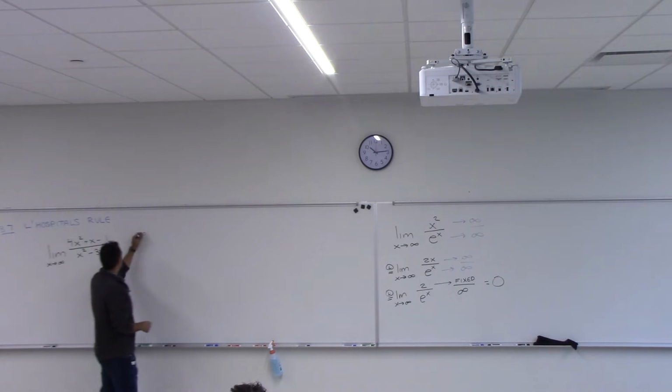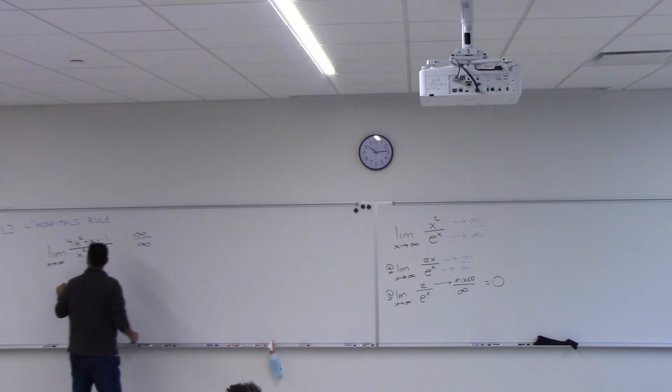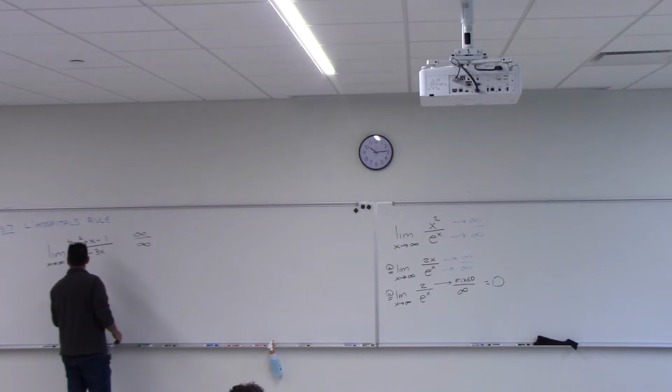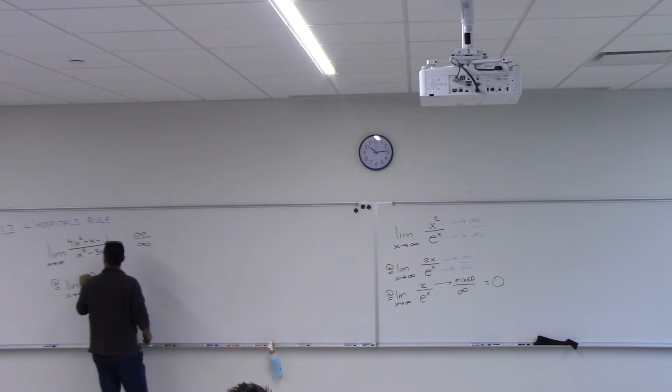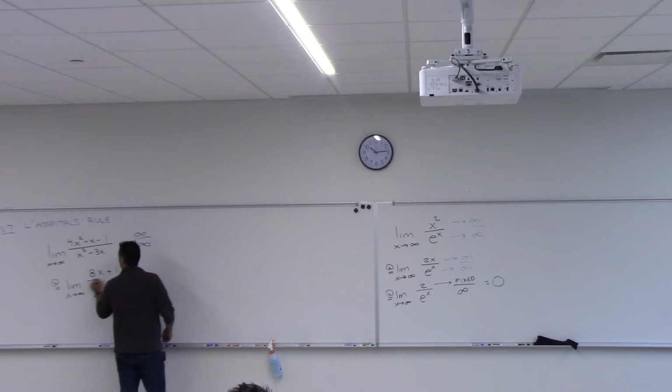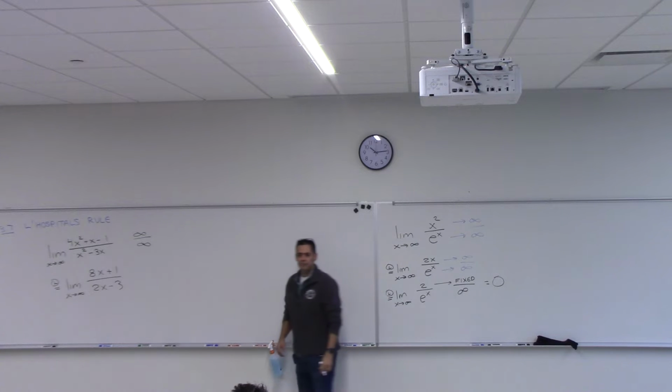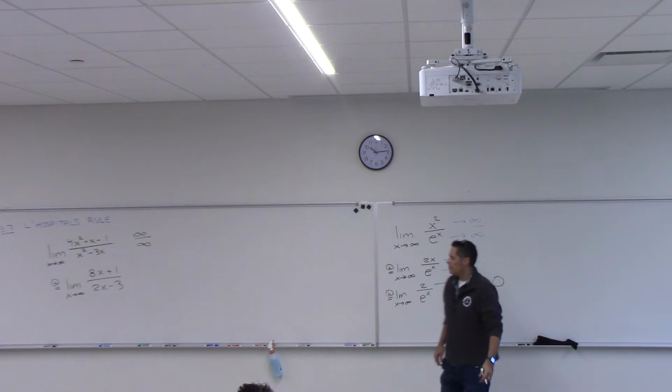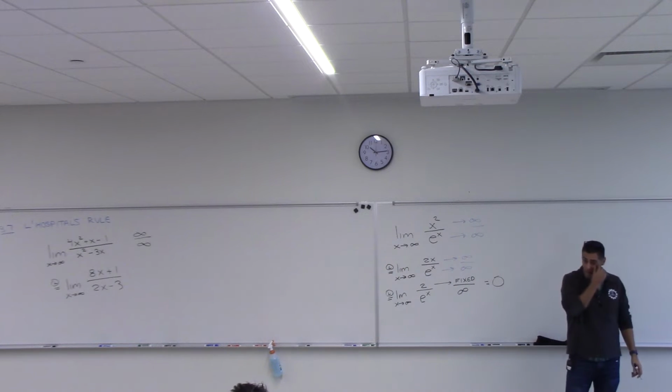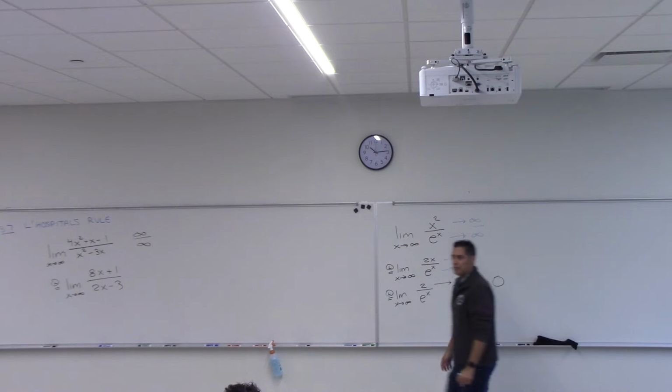Okay, so we have infinity over infinity. So I apply L'Hopital. Here we go. L'Hopital is great. Derivative of top and bottom. Right? What do we have there? Infinity over infinity. Do it again.